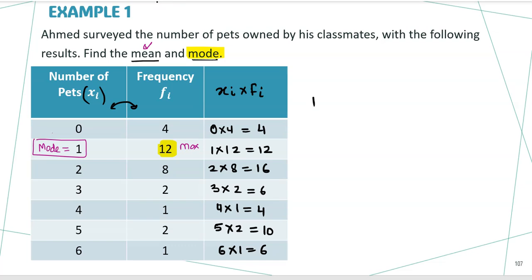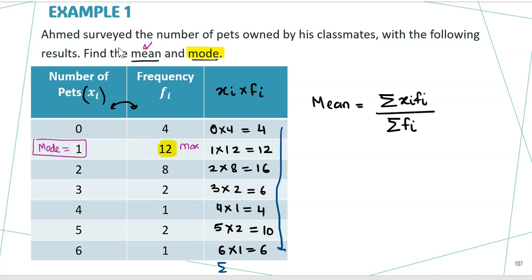What does the formula say? The formula says the mean is the summation of xi fi over the summation of fi. Summation means we need to add. So we add all these numbers: 0, 12, 16, 6, 4, 10, 6. This gives you the summation of fi xi.